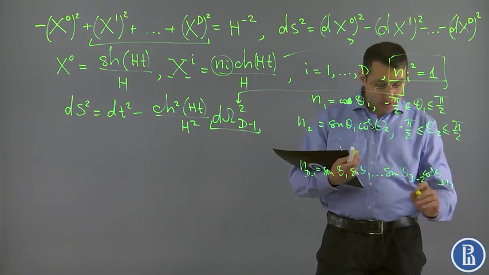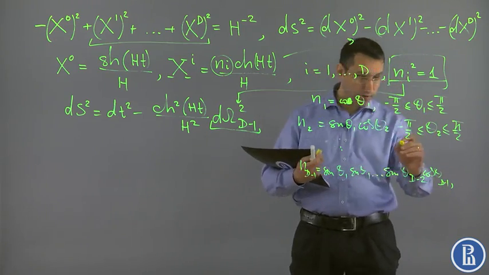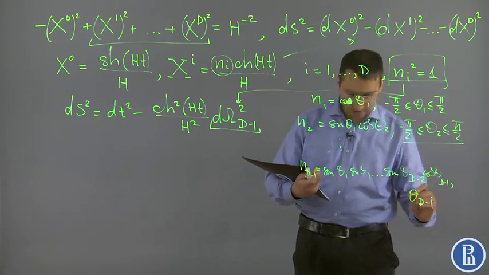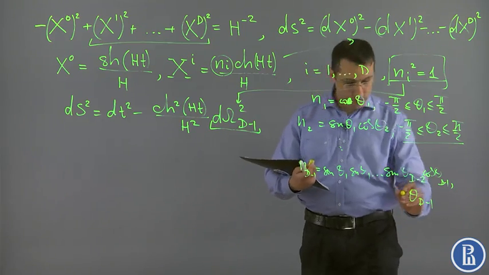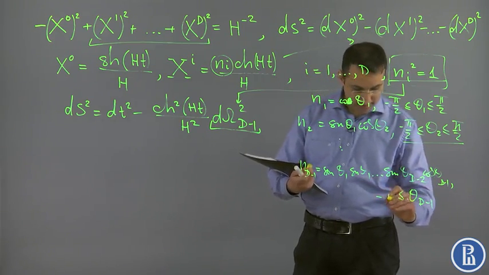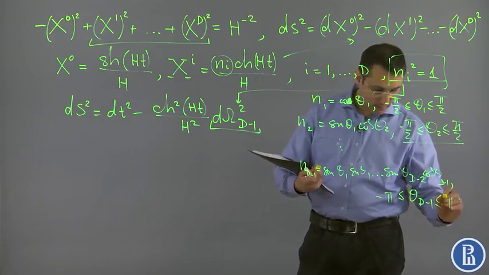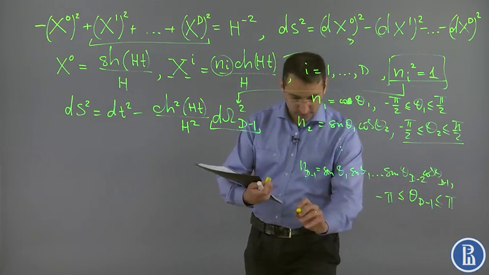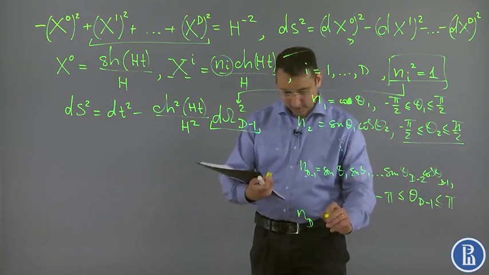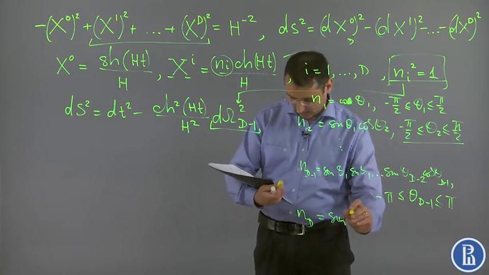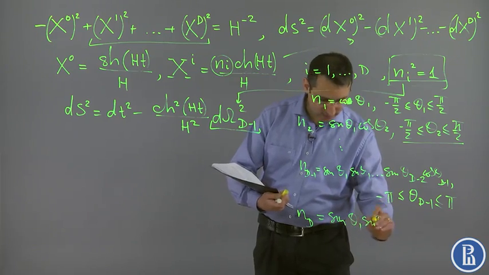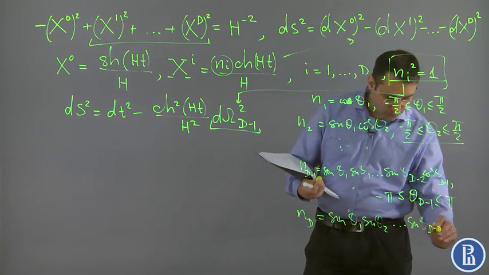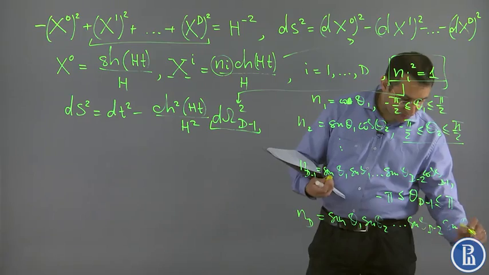All these angles range in this range, while at the same time the last angle ranges between minus pi and pi. And nd is equal to sine theta 1, sine theta 2, ... sine theta d minus 2, sine theta d minus 1.